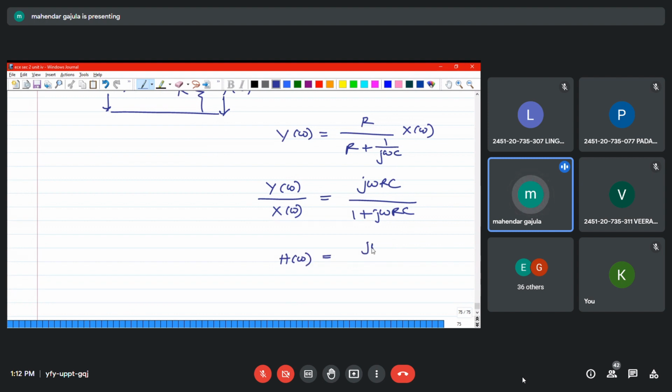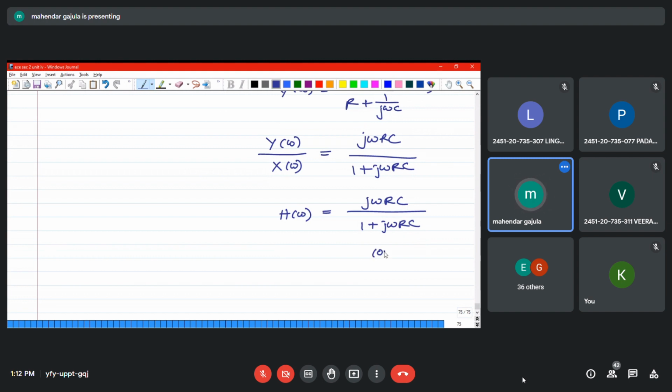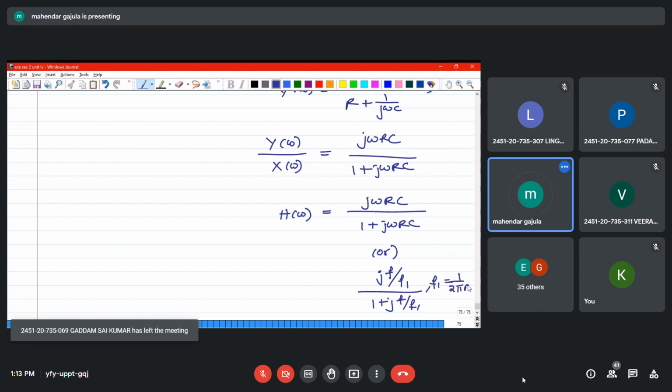We can write this in another way, as j f by f1 over 1 plus j f by f1, where f1 equals 1 by 2 pi RC.